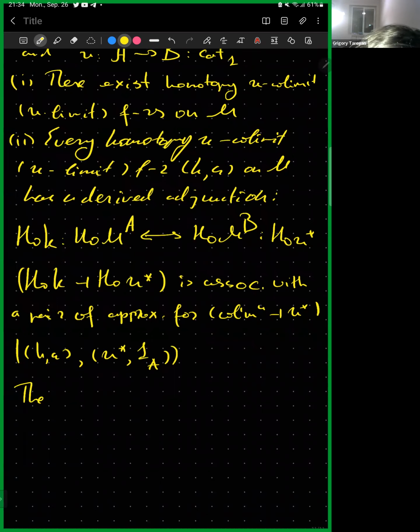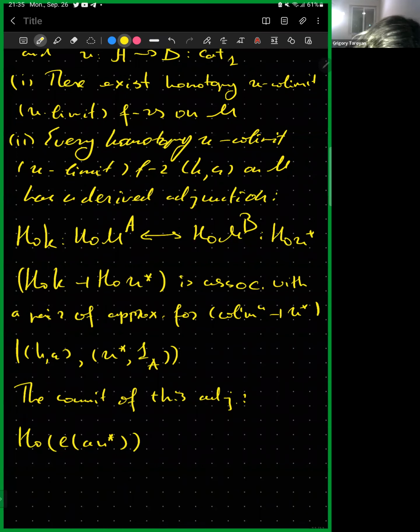So the co-unit of this adjunction is the following homotopical functor. Sorry, the following direct initial transformation.